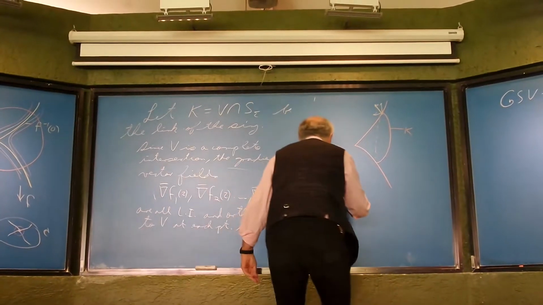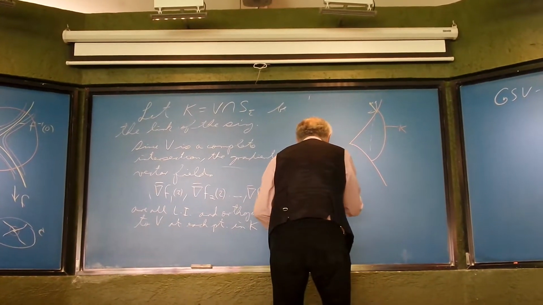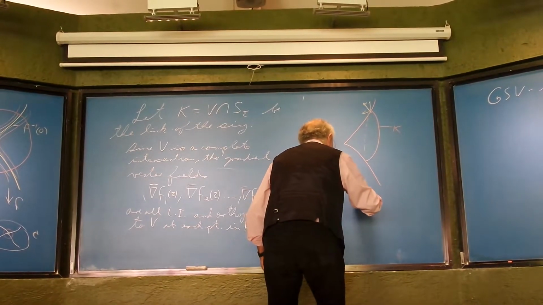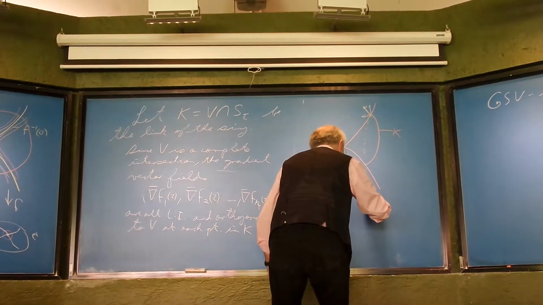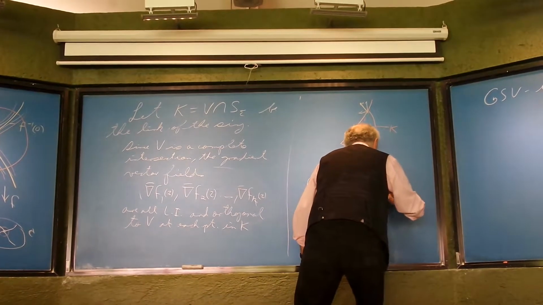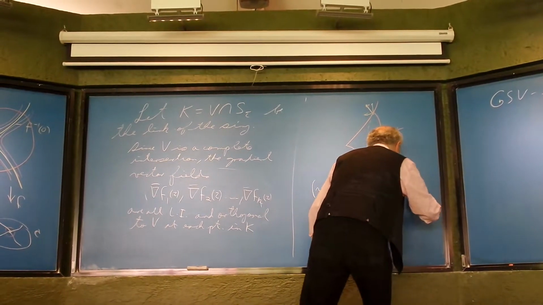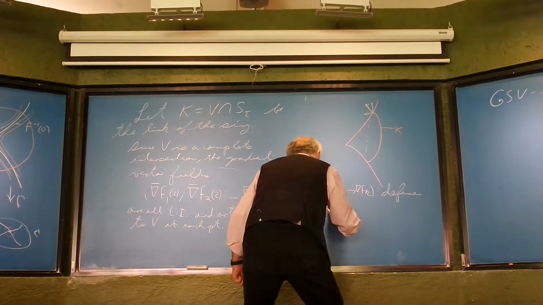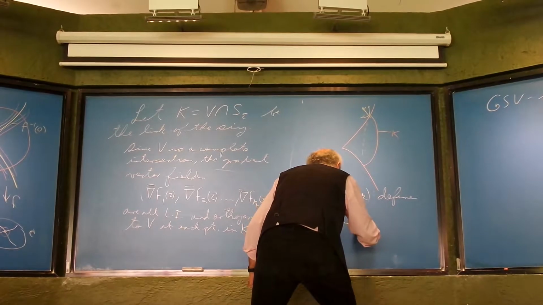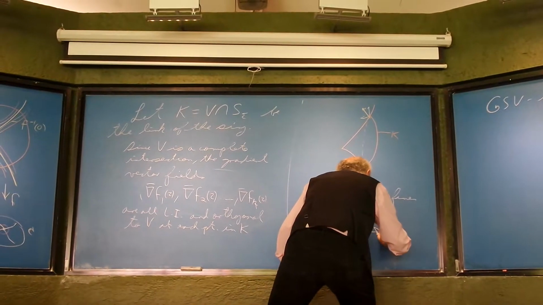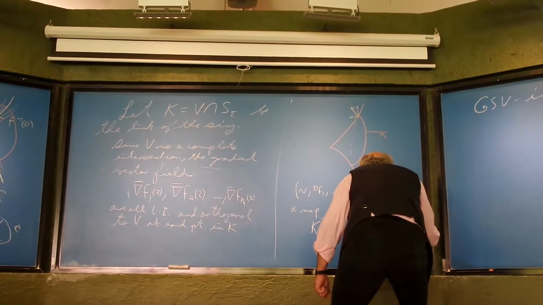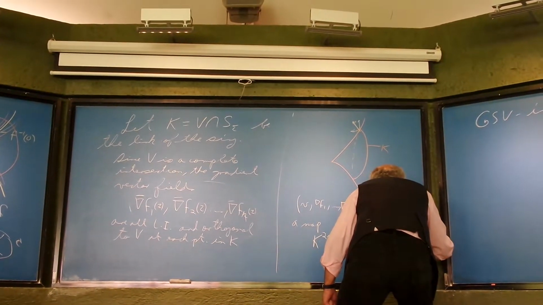So v, together with these gradient vector fields, defines a map from K, which has dimension 2n minus 1, into the Stiefel manifold of k plus 1 frames in C^(n+k).